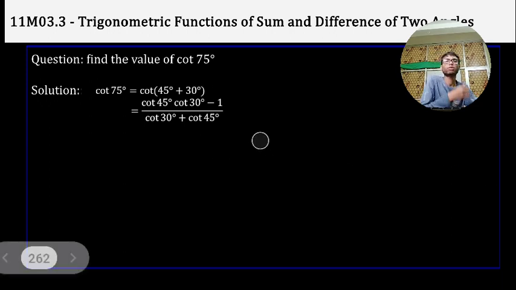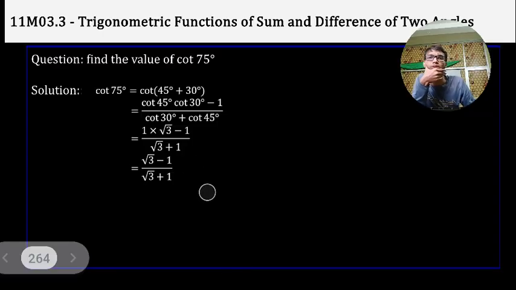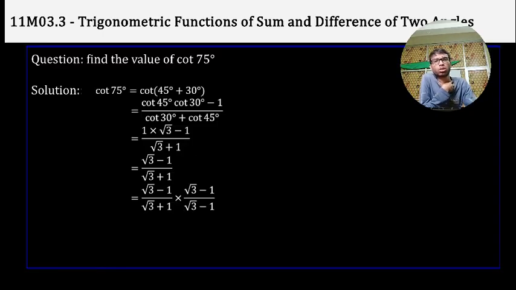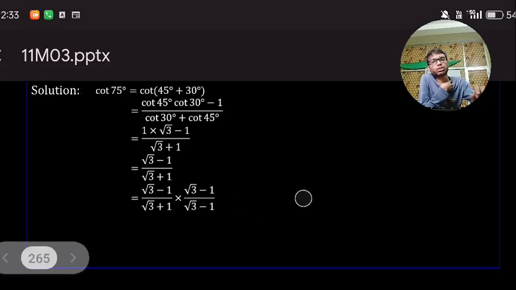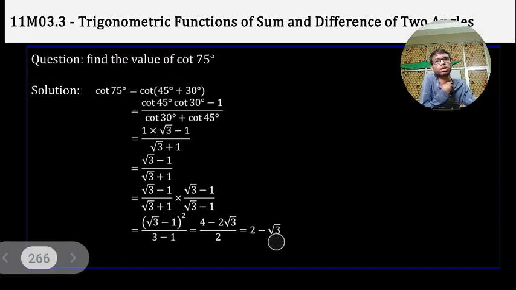Just substitute the values: cot 45, as we know, is 1, and cot 30 is root 3, do you know? Here root 3 minus 1. After rationalization, we are getting 2 minus root 3.